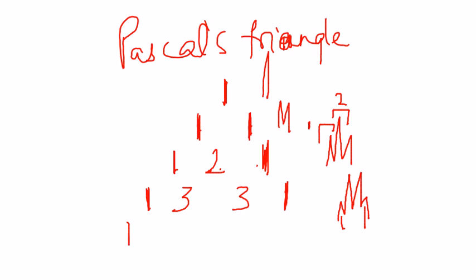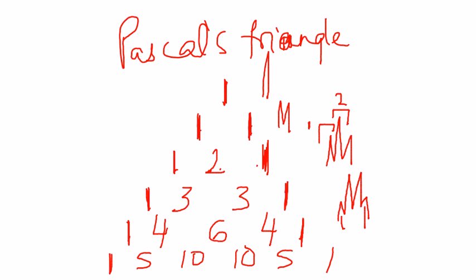Likewise, the next one, 1, 4, 6, 4, 1, will be a quintet. 1, 5, 10, 10, 5, 1, and you can build it further. That's what Pascal's triangle is, and it gives you information about the intensity of the small peaks within that doublet or triplet or quartet, as the case may be.